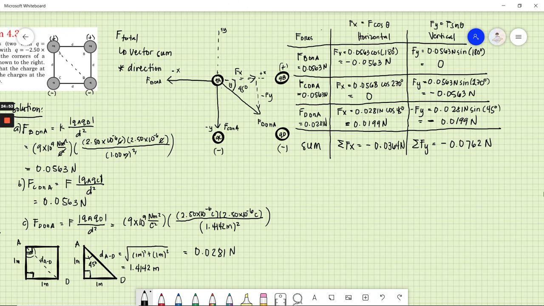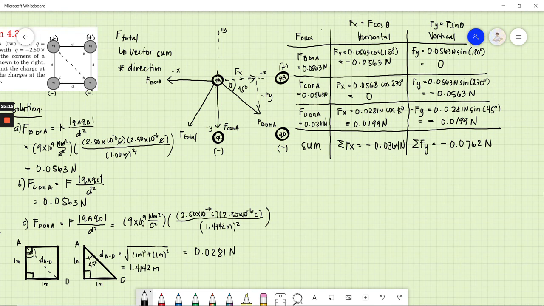So this is the value of our component in the x direction and in the y direction, meaning our F total is going towards the negative x direction and towards the negative y direction. That means that our F total is around this area. This is the direction of our F total. And why is it here?